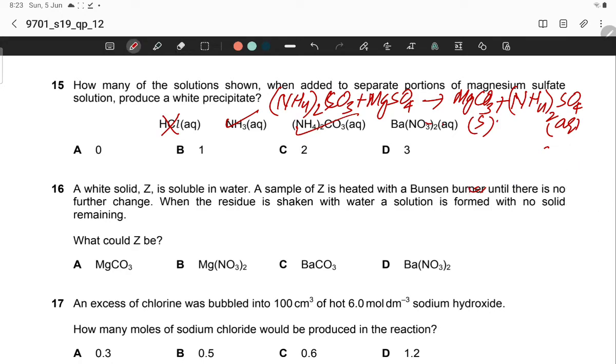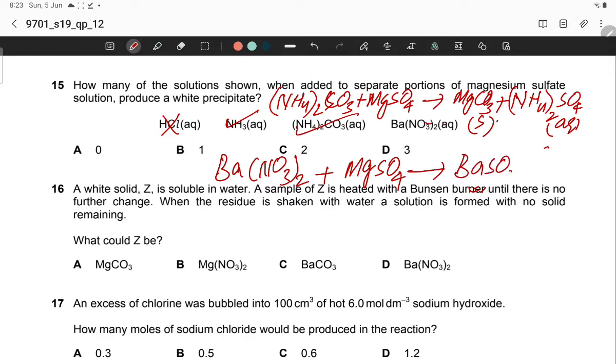So barium nitrate reacts with magnesium sulfate to form barium sulfate, white precipitate solid, plus magnesium nitrate. This is aqueous. So barium nitrate also forms white precipitate. So option is D.